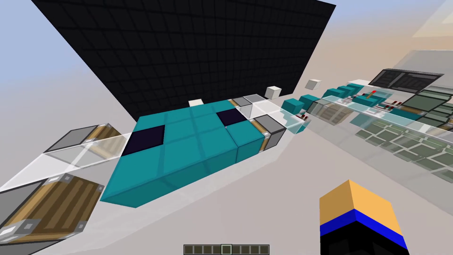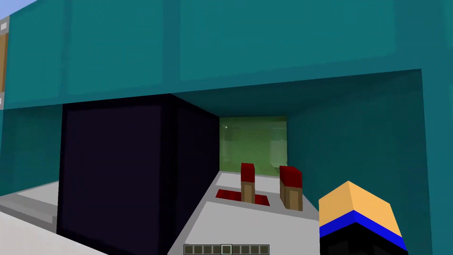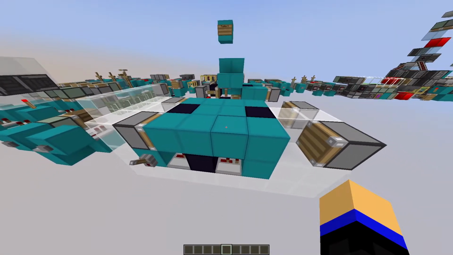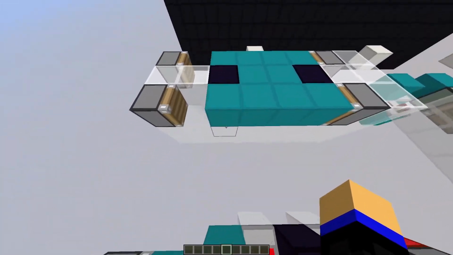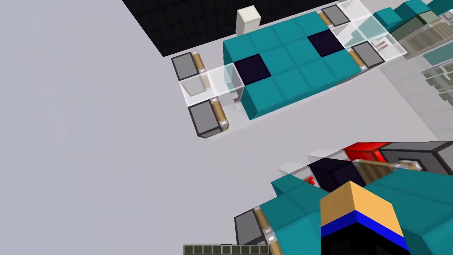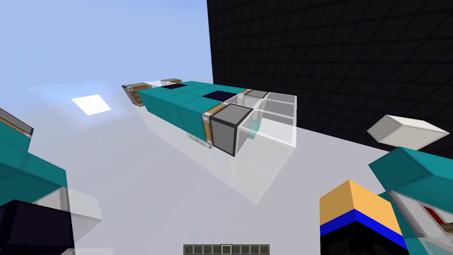So yeah, but then by analyzing the timing of the slime double extender, you can infer some hypothetical results of what would be the best timing for these two pistons to fire and this piston to fire.